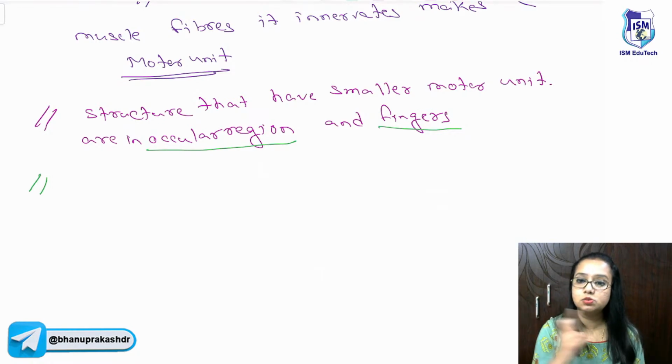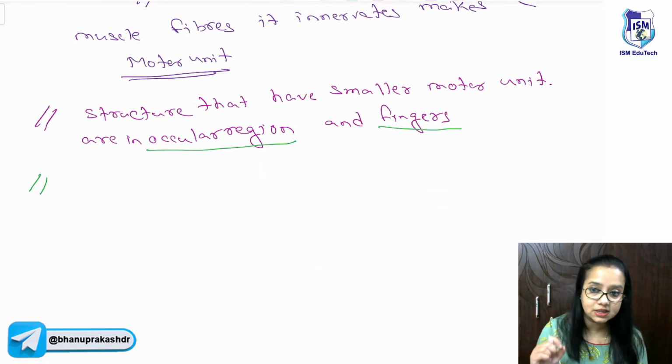It's for precise movement, not for lifting anything. It's only for vision, to move the eye around. So the number of nerve fibers innervating the structures for precise activity is less.